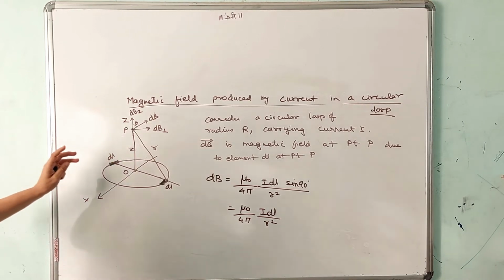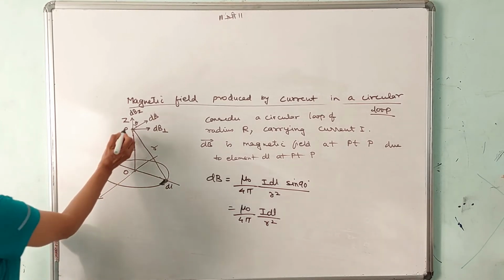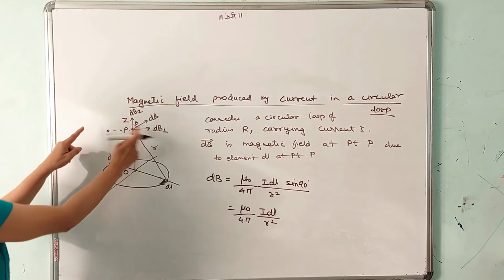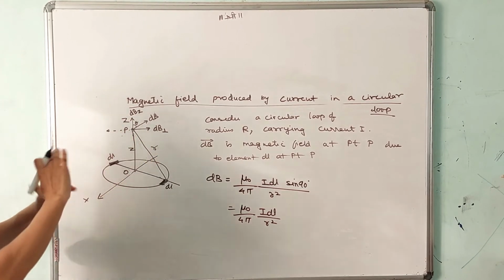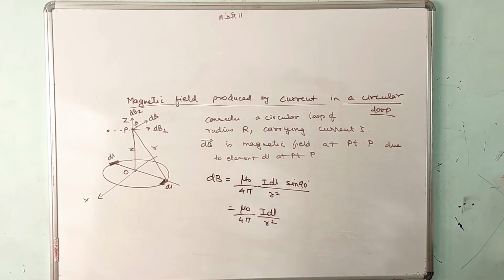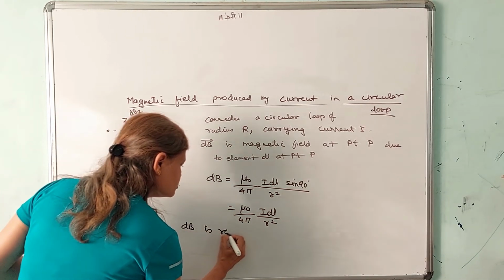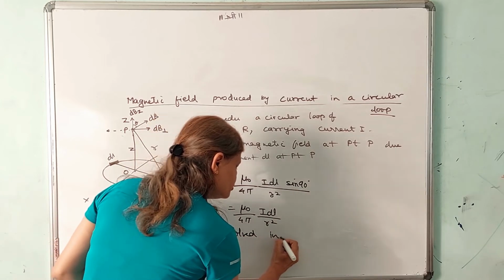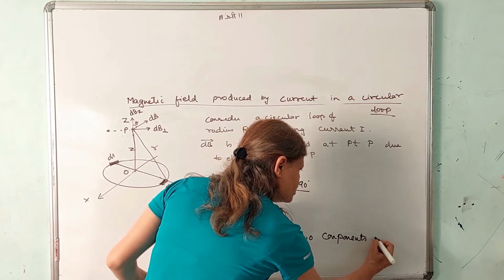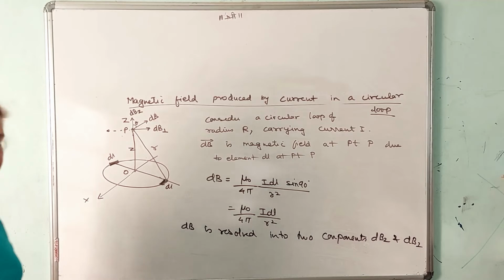If you also see the dl element on this side, and resolve that this way, the perpendicular components will cancel because they are opposite. So only dBz will be retained.